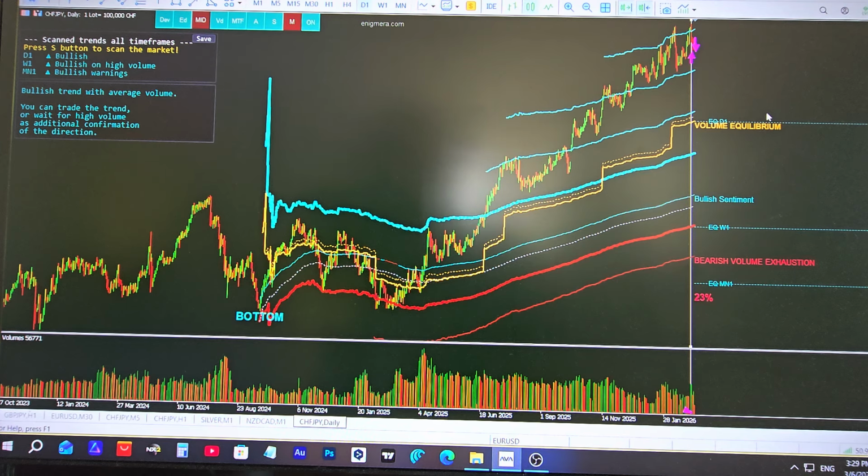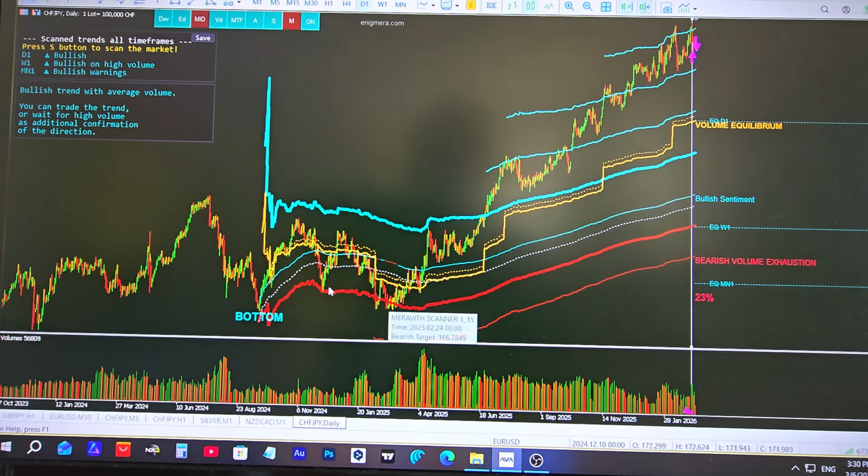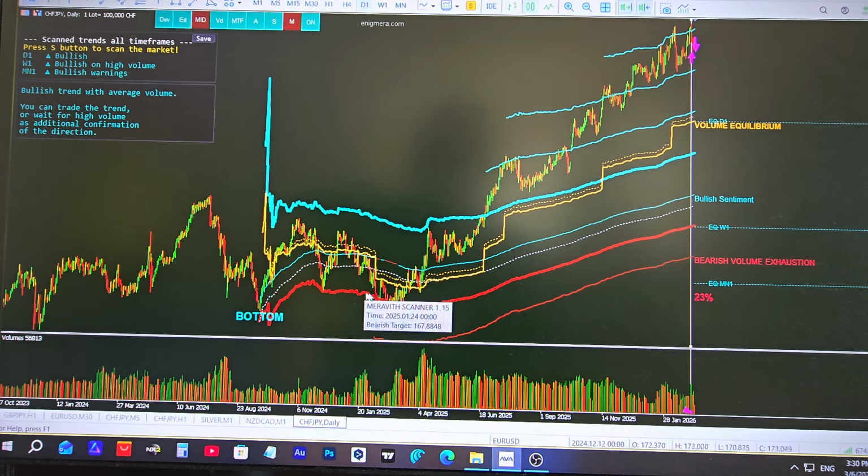This is the equilibrium line, or if the market is exhausted on the other side, like here in our example, this is a bullish trend, but the bears were exhausted here. So this is a very interesting place to open longs because our trend is bullish. This is the second place where it was very interesting to open the longs. Who opened here at this place and at the other place is already on big profit.